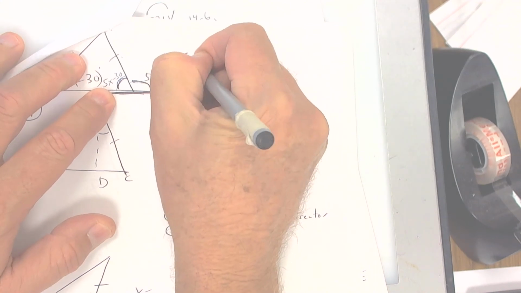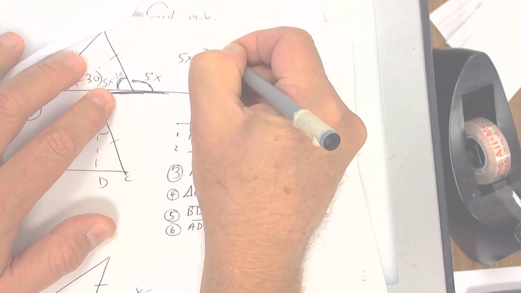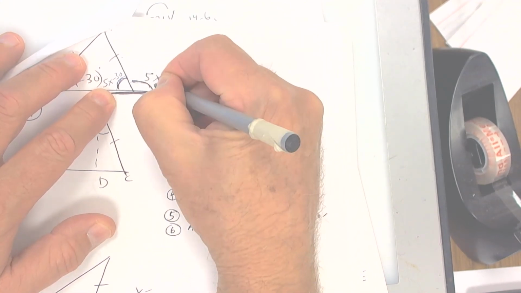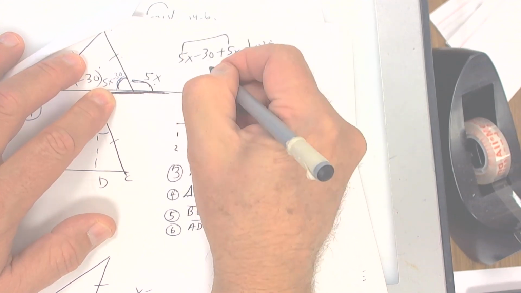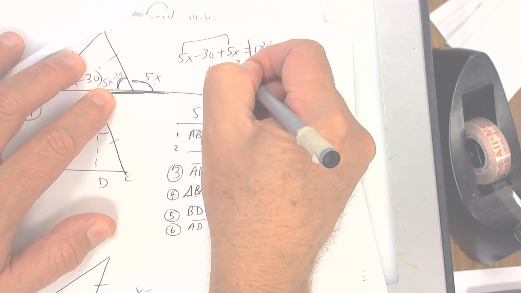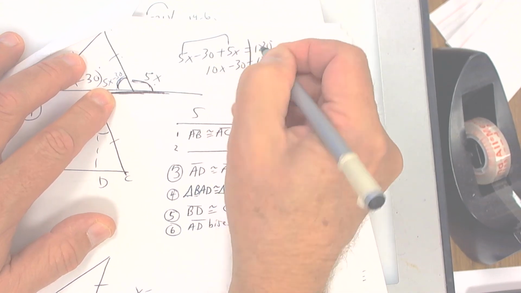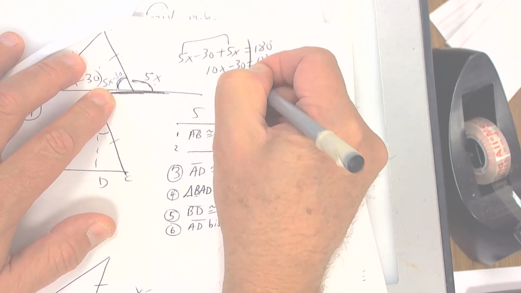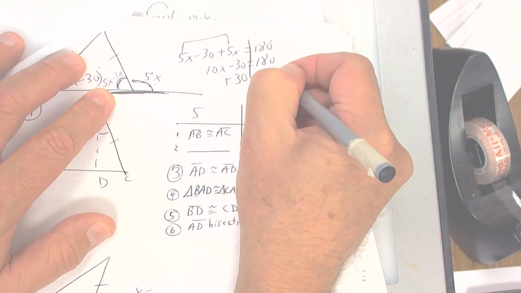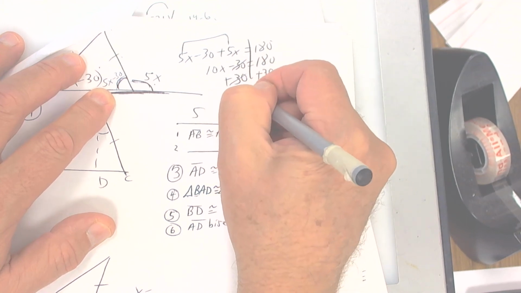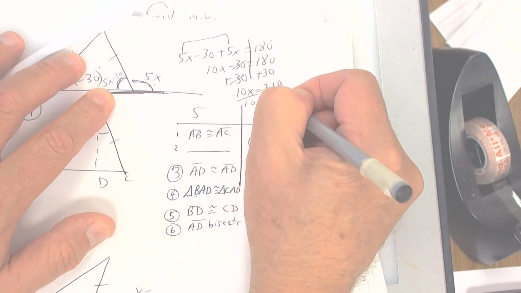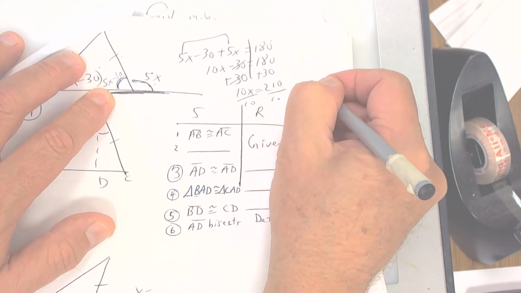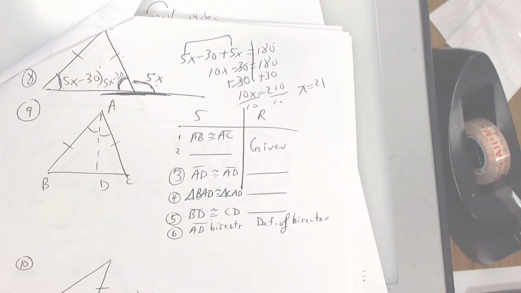So put 5x minus 30 plus 5x, this one, is equal to the straight line, which is 180. So this gives you 10x minus 30. You want to add 30 to both sides. So that gives you 10x is equal to 210, and then divide by 10, and you get 21. So x equals 21. Rework it if you have to.